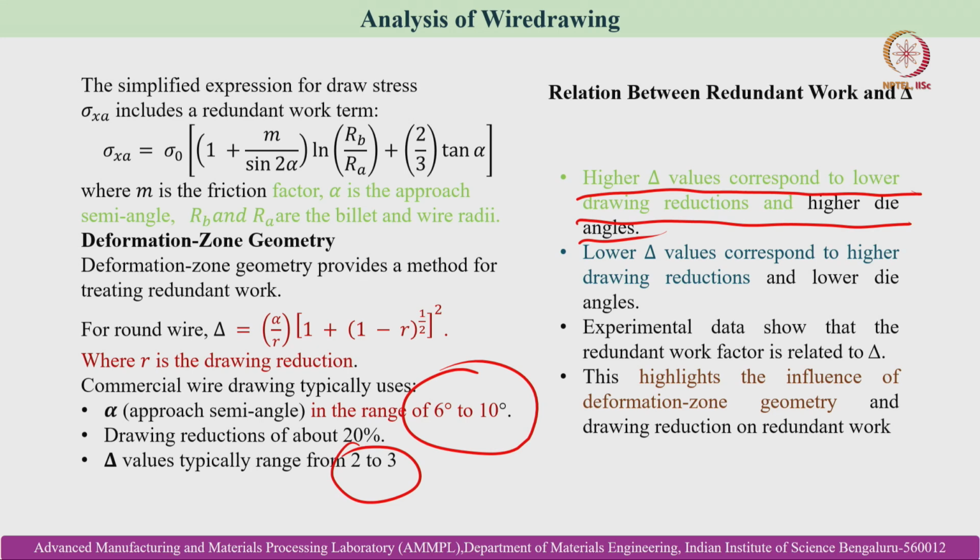That means if you increase the die angle, it leads to lower drawing reductions when the value of delta is high; when the value of delta is low, then a lower die angle will lead to higher drawing reductions. The experimental data shows that the redundant work factor is related to delta. So, this highlights the influence of deformation zone geometry and drawing reduction on redundant work.